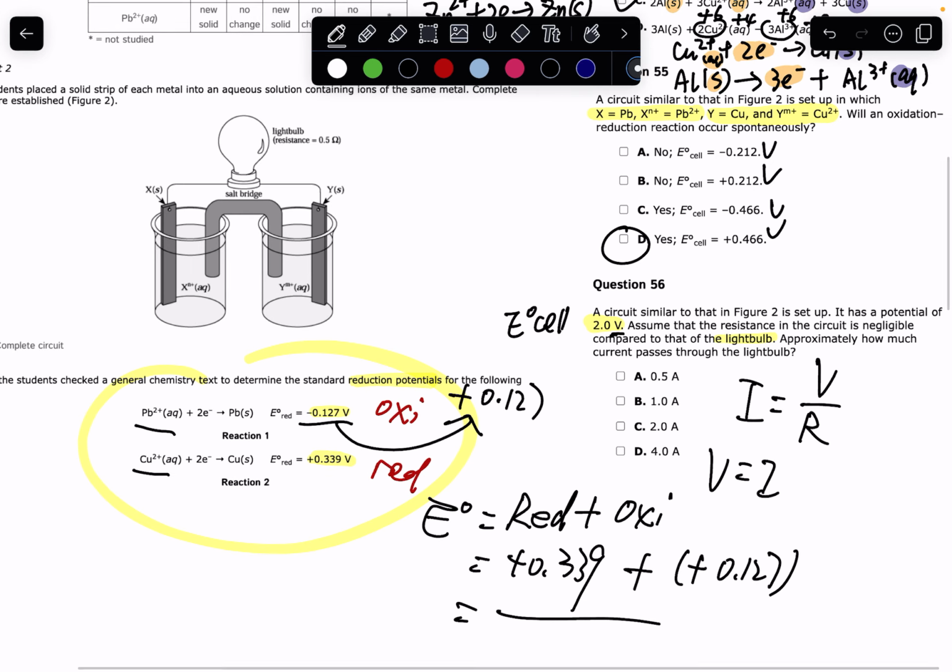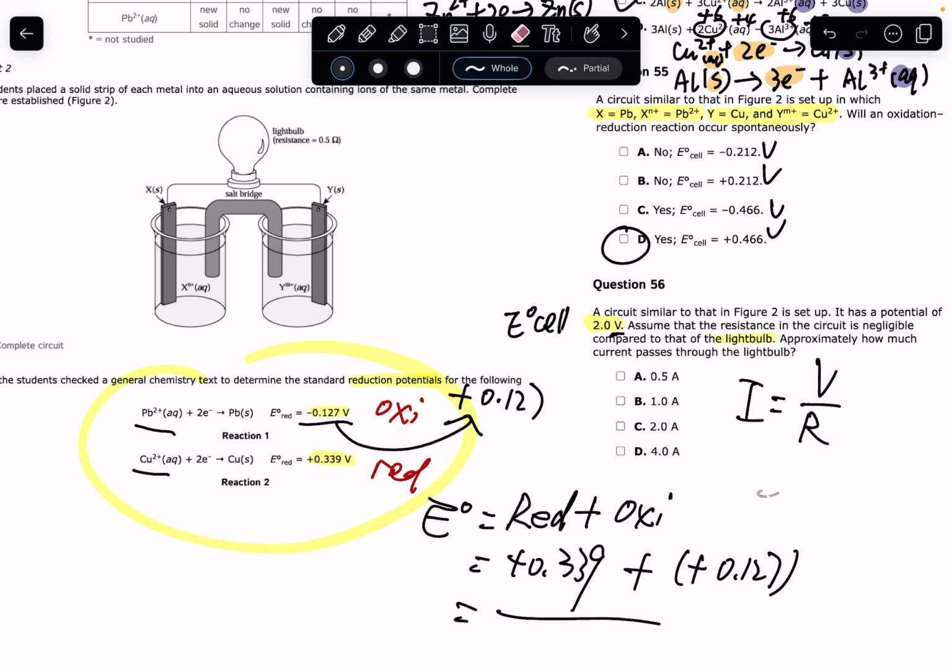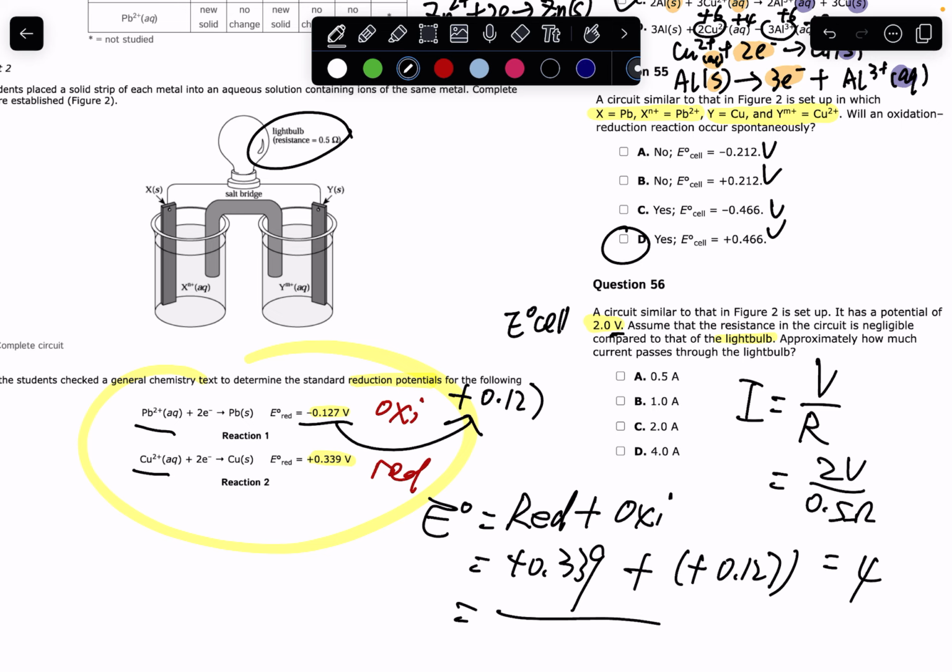You know that V equals IR, Ohm's law, and you just rearrange it and get I equals V over R. V is 2 volts, and R is 0.5 ohm. That will give me 4 amps. So my answer choice is D.